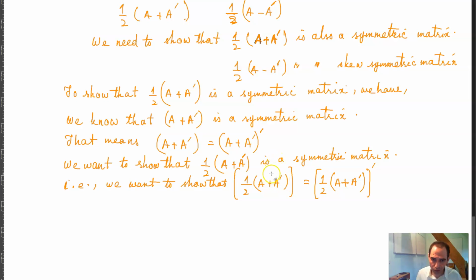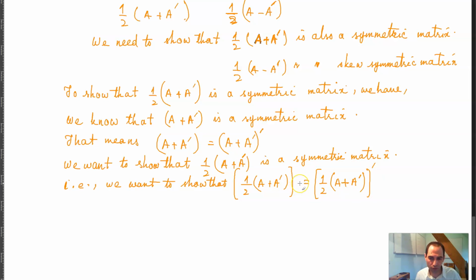Now what you can do is start from one side of this equation and try to write it exactly like the other side.